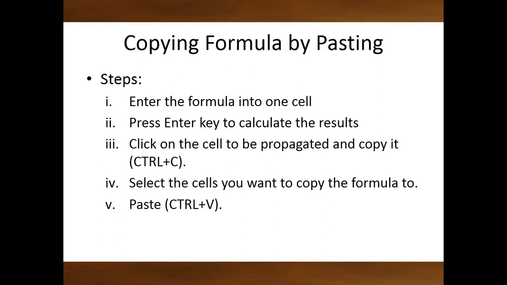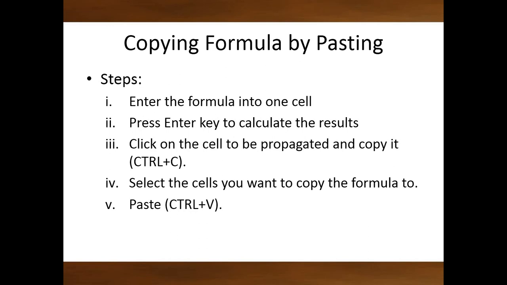Step 3, click on the cell to be propagated and copy it using the Ctrl and C shortcuts. Step 4, select the cells you want to copy the formula to, and then you paste using the Ctrl and V shortcut.